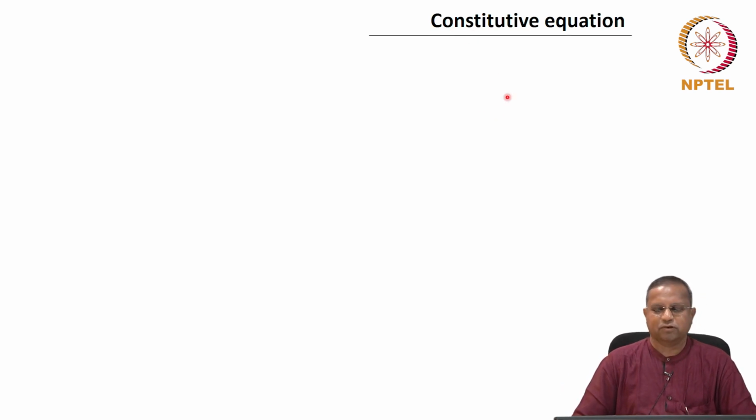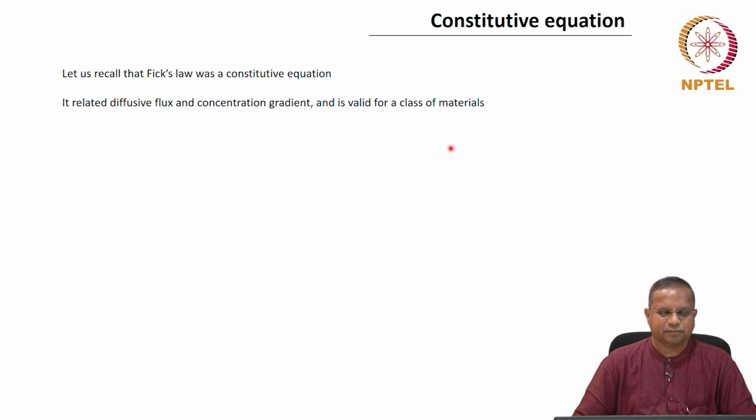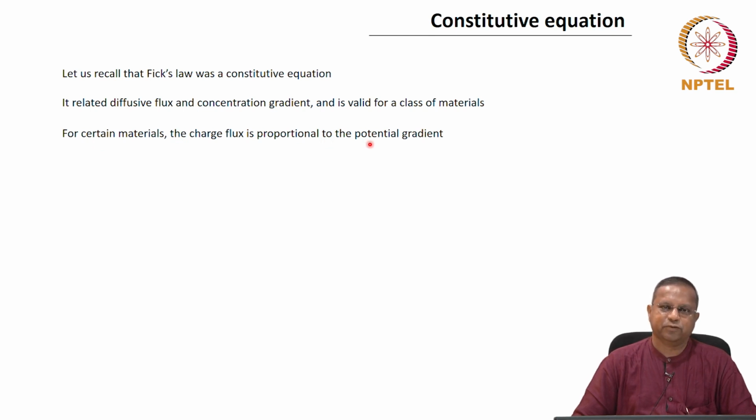We do have a constitutive equation or a few constitutive equations in electrical aspects also, and the charge flux for certain materials is directly proportional to the negative of the potential gradient.